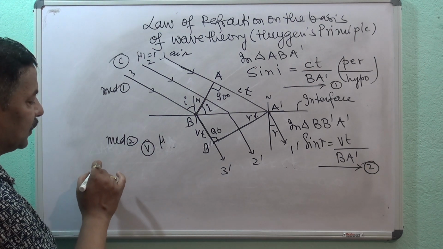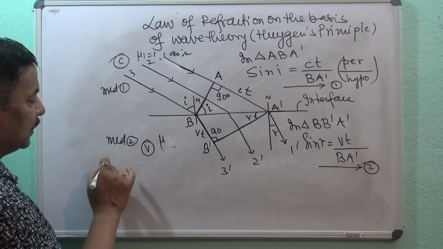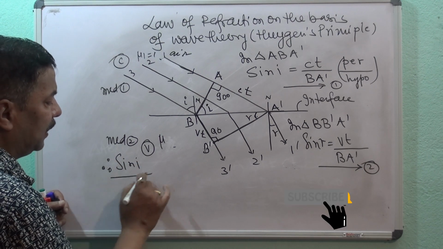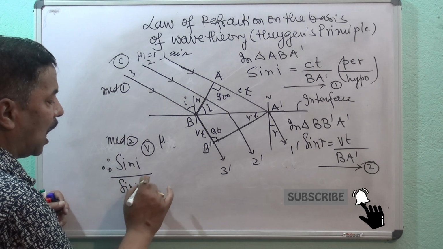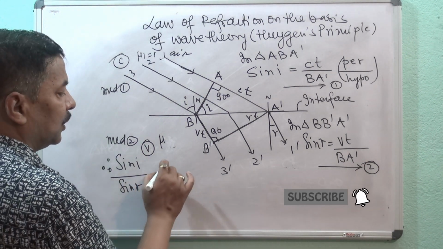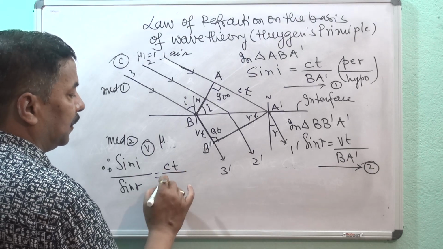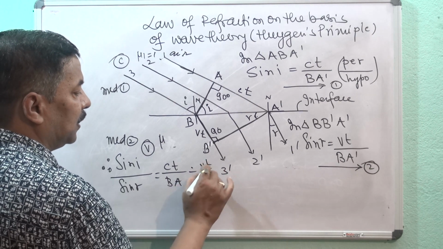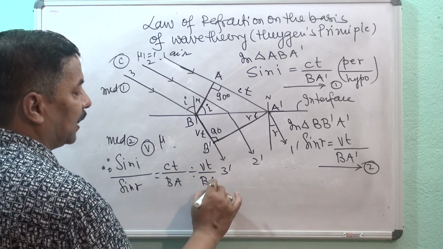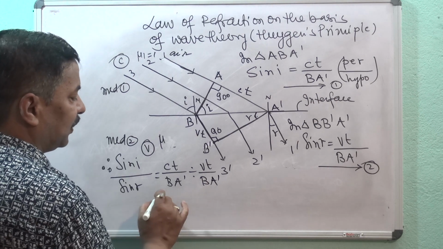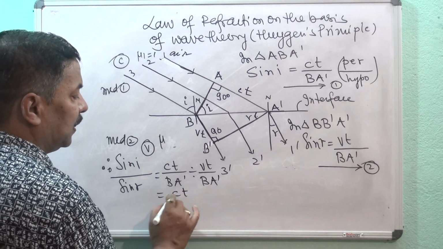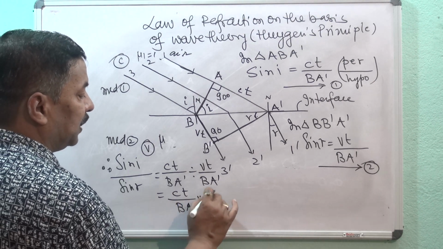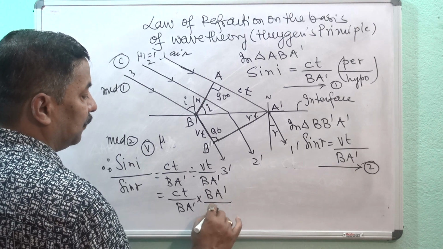Therefore, if we consider sine I by sine R, what are we getting? CT by BA dash divided by VT by BA dash, and this is giving you CT by BA dash into BA dash by VT.